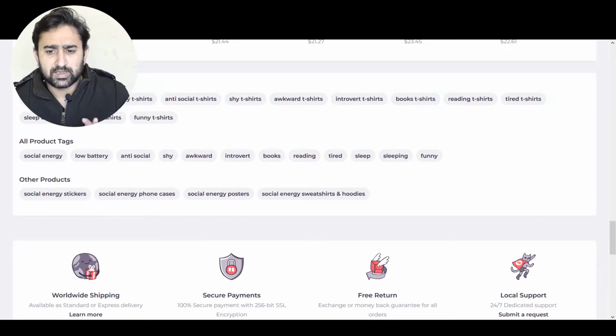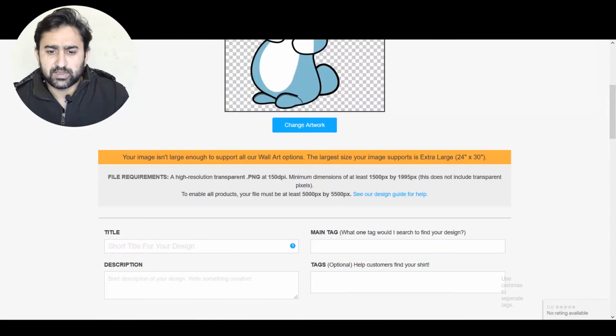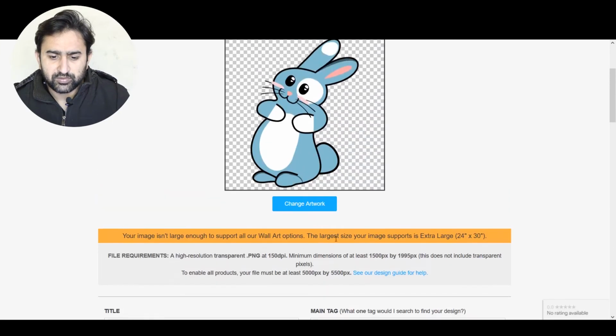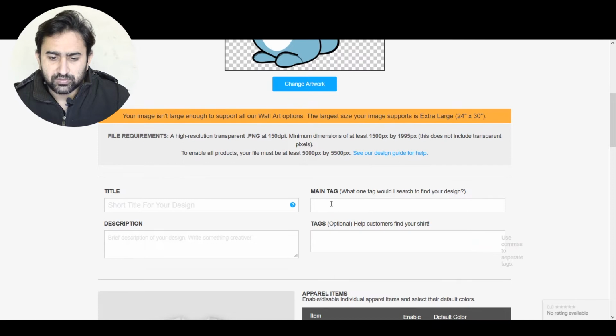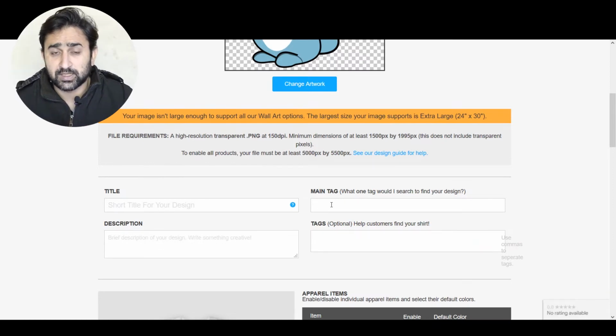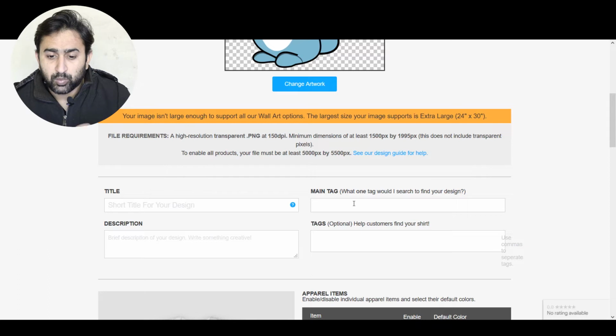Now there is another thing I should mention. If you are familiar with TeePublic, after you upload your design, you can use one word or one phrase that you think defines your product, and they ask what one tag would I search to find your design.